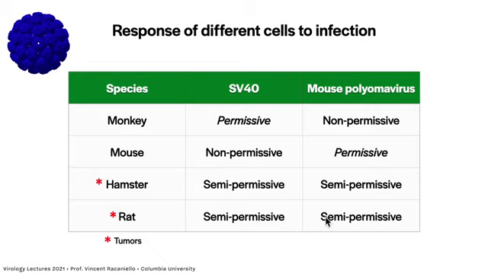You get gene expression, but no DNA replication. And so hamster and rat cells are semi-permissive for SV40 and mouse polyoma. And in those conditions, in those combinations, you get tumors formed. If it's non-permissive, you're not getting tumors. If it's permissive, you're not getting tumors because the cells are dying. Only if you have semi-permissive.